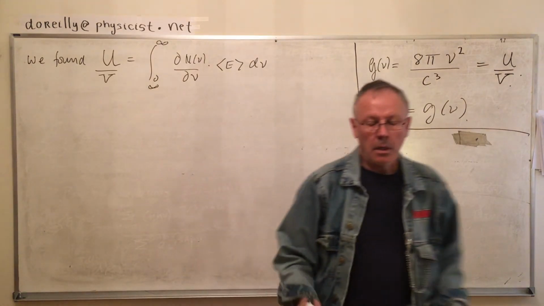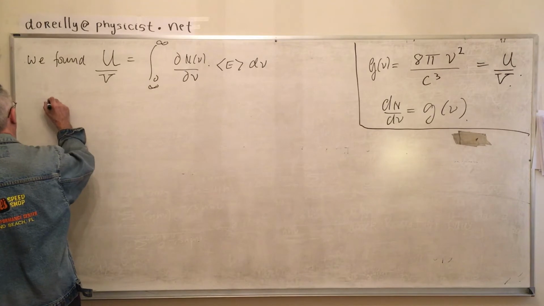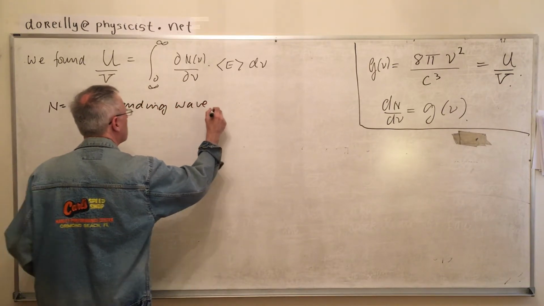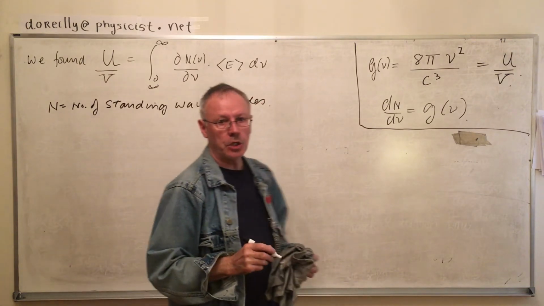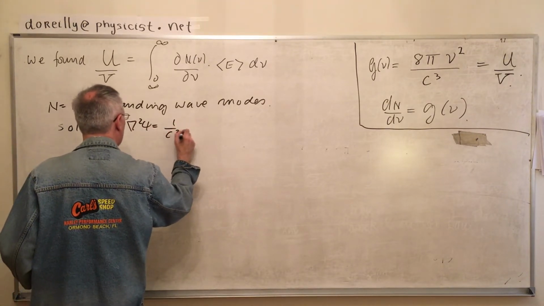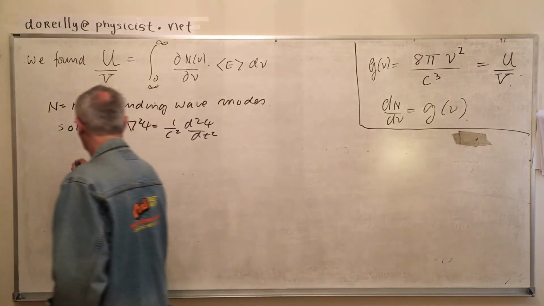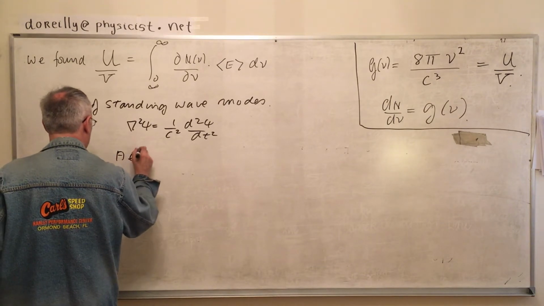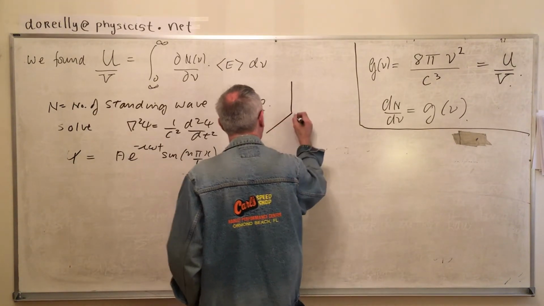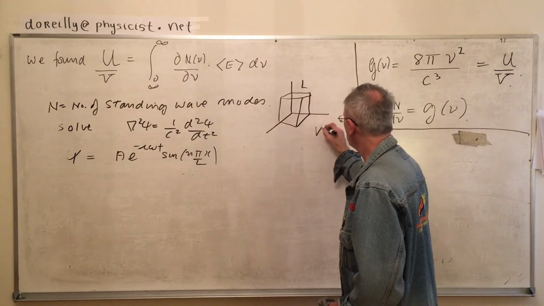We assumed that the waves in the cavity radiator were standing waves with the number of modes big N. So we solve the wave equation, strictly speaking, by separation of variables, so we get psi in a box of sides L. So the volume of the box is L cubed.